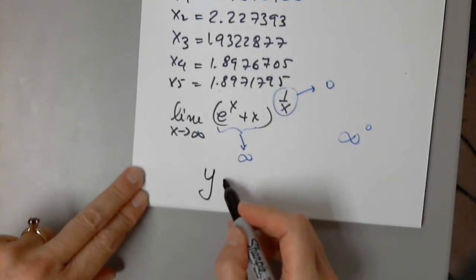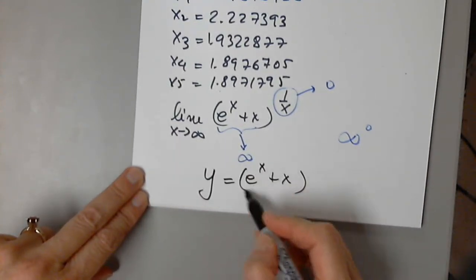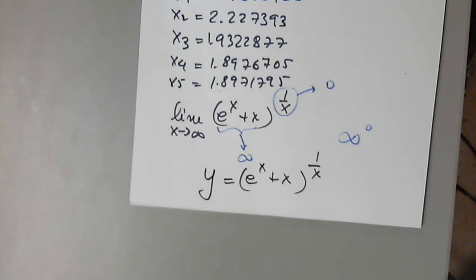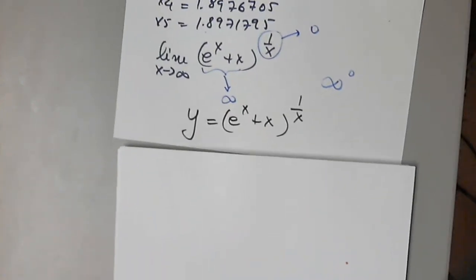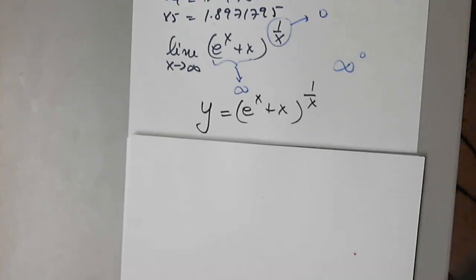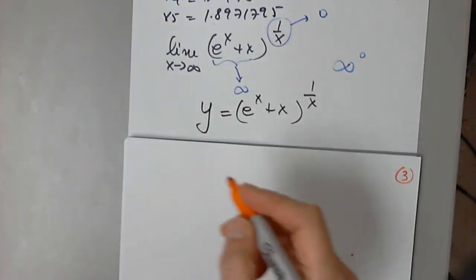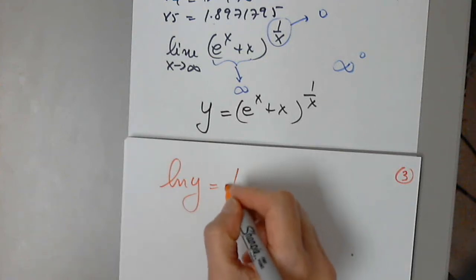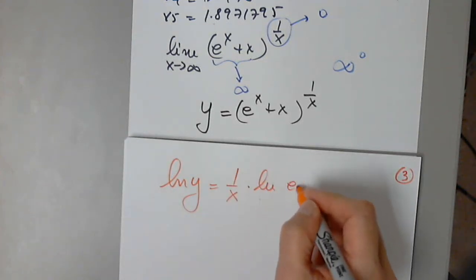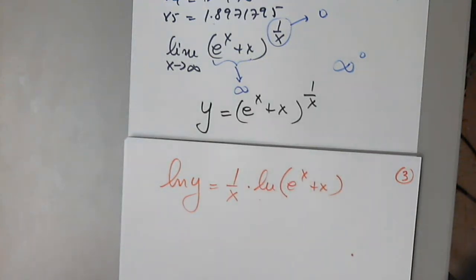Yes, so first we have to denote the function by y, e to the x plus x raised to 1 over x. And then indeed, we have to apply natural log to both sides. Okay, natural log y equals 1 over x times natural log of e to the x plus x.